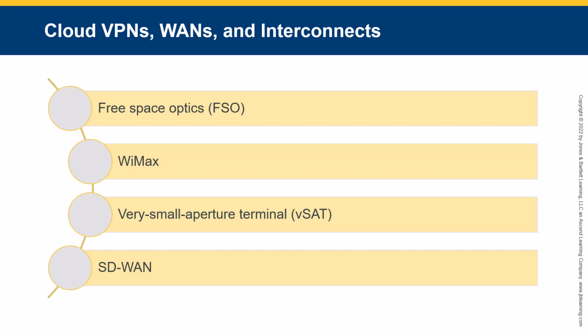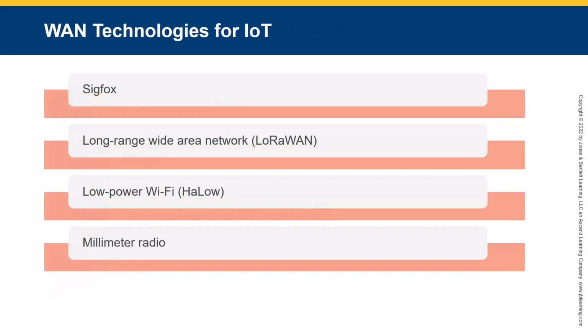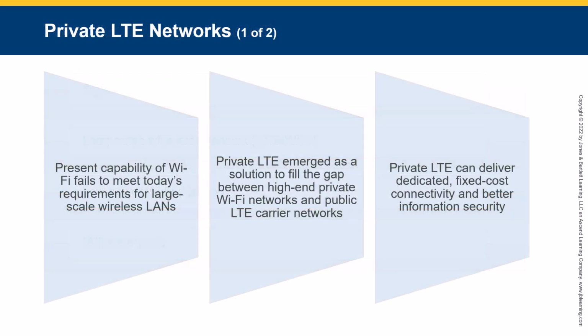But then there is a whole plethora of just WAN technologies. We have things like Sigfox. We have long-range WANs. We have low-power WiMAX or low-power Wi-Fi. We have millimeter radios. So there's a lot of long-range outside normal network technologies that can still be deployed. We also have cellular.